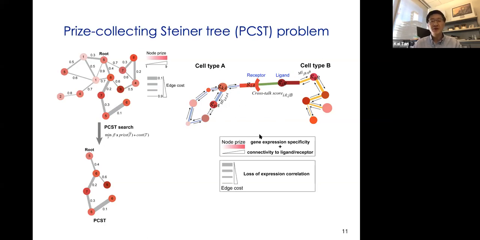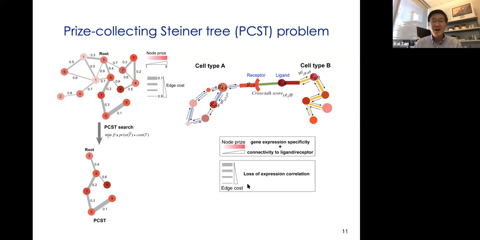One is the gene expression specificity of gene Ka in one cell type A. It also contains information about how closely connected that gene is to the receptor gene. Okay, because we want to infer signal transduction pathways. So that is node price.